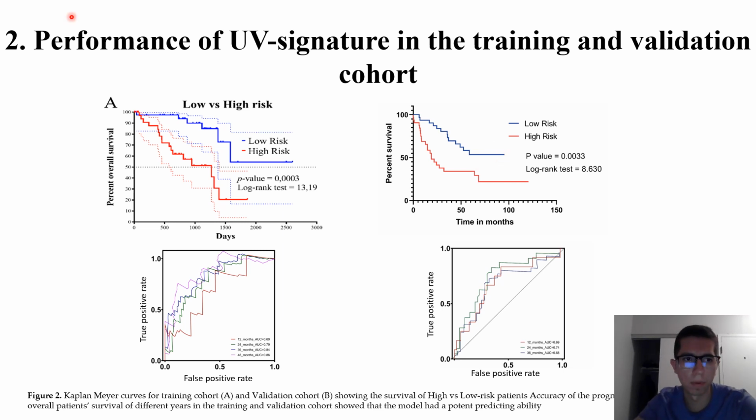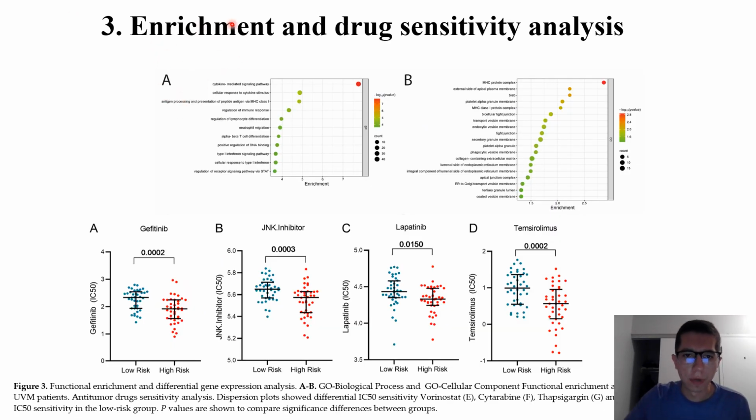So we performed an enrichment and drug sensitivity analysis, taking into account the high versus low risk patients with a risk score. You can see here that there are a lot of pathways related to the immune system, such as cytokine-mediated signaling pathway, neutrophil migration, and alpha-beta T-cell differentiation, and there are also some related to extracellular matrix and major histocompatibility complex, which is really interesting.